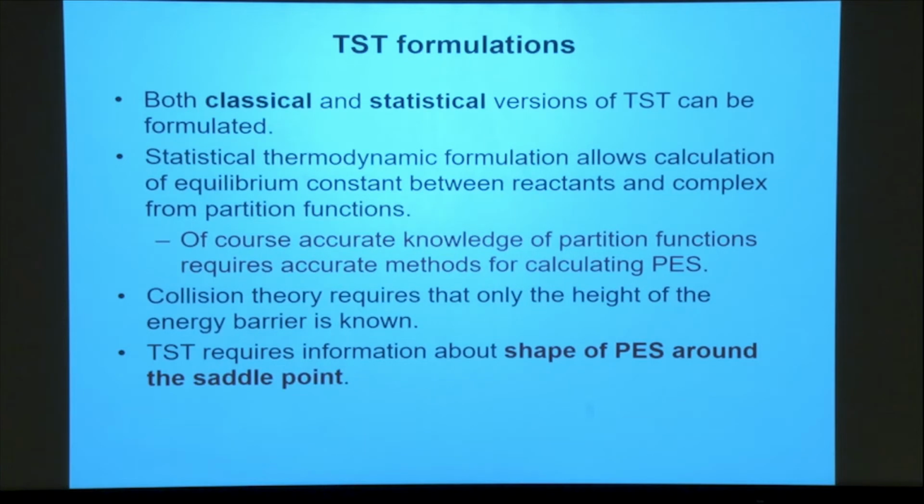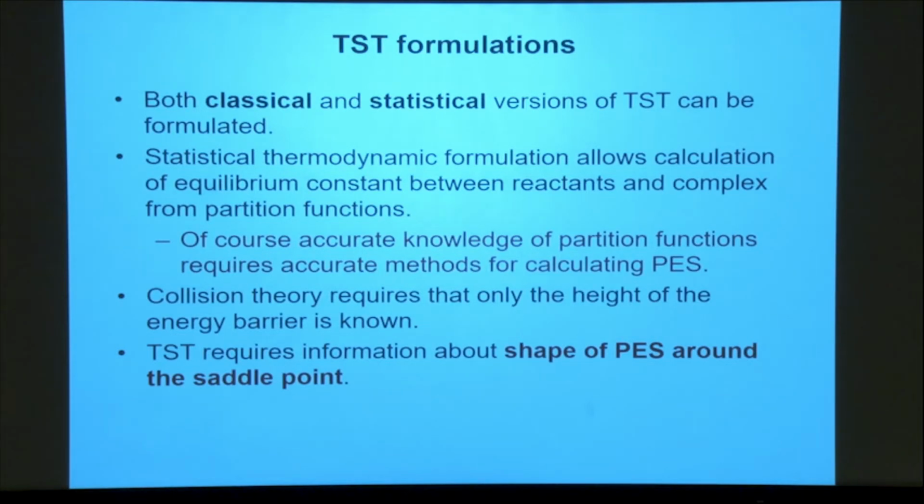So we can have both classical and statistical versions of transition state theory. We can formulate both. The statistical thermodynamic formulation allows a calculation of an equilibrium constant between reactants and complex from partition functions.